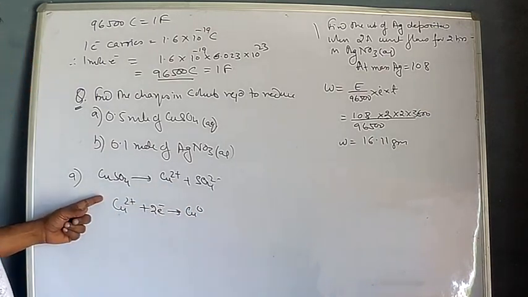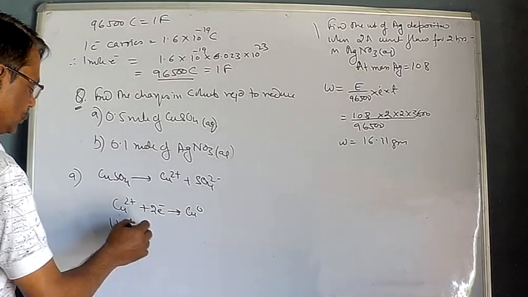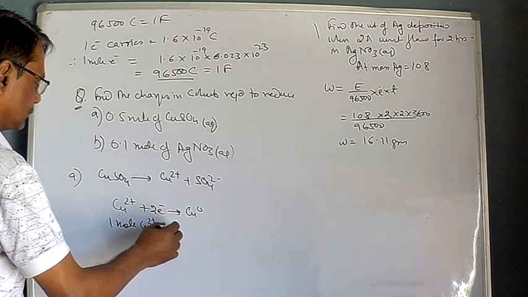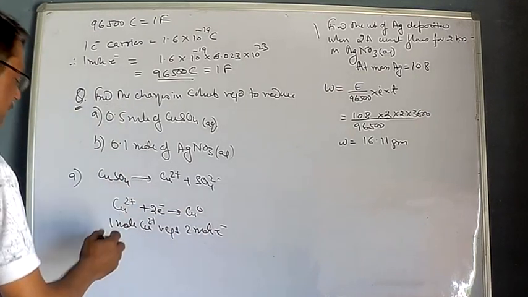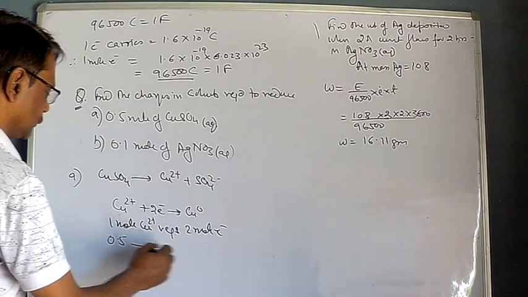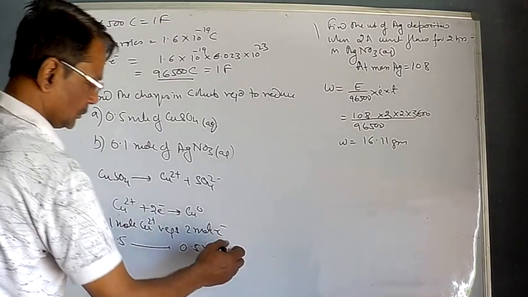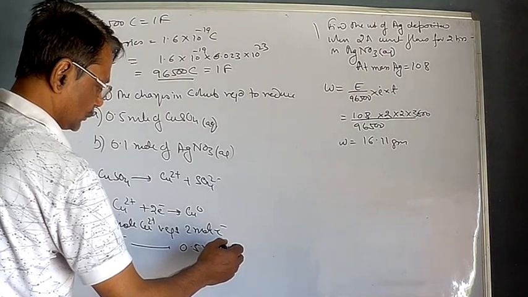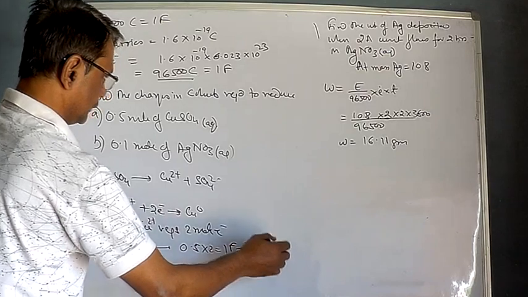So 1 mole of Cu2+ requires 2 mole electrons. In the question 0.5 is given, so 0.5 mole will require 0.5 into 2, that is 1 mole of electrons, and you all know that 1 mole of electrons carries 1 Faraday charge, or simply 96,500 coulomb.